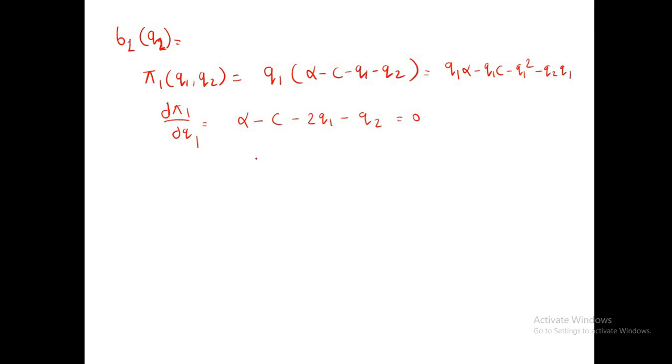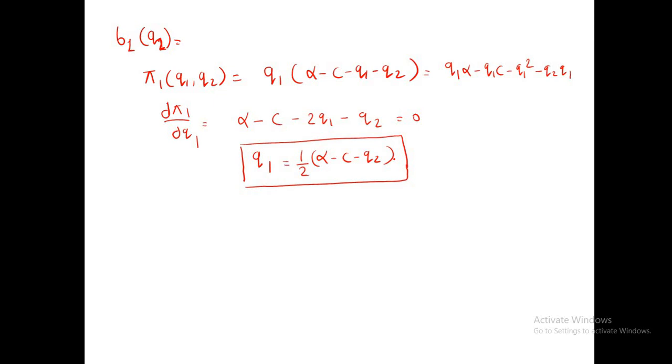And what we will get? We will get Q1 is half of alpha minus C minus Q2. So this is the value of Q1 when the other firm is producing Q2, and we already have calculated the value of Q1 when the other firm is producing 0, right?